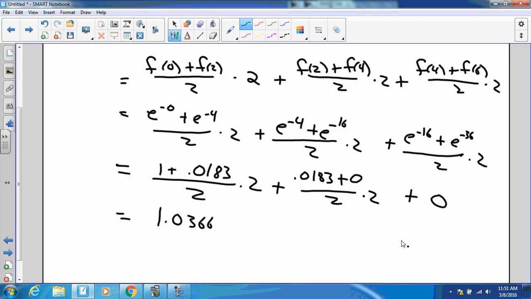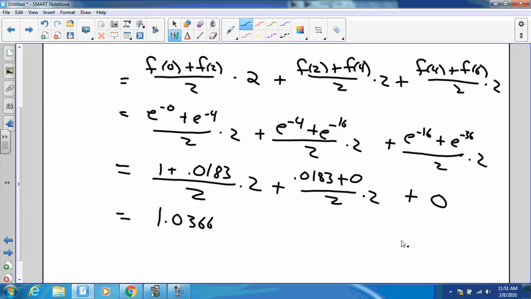Because you used a subtraction instead of an addition? Oh, I did. Oh, wow. Yep, 0.8862. All right, so we overestimated it a little bit.